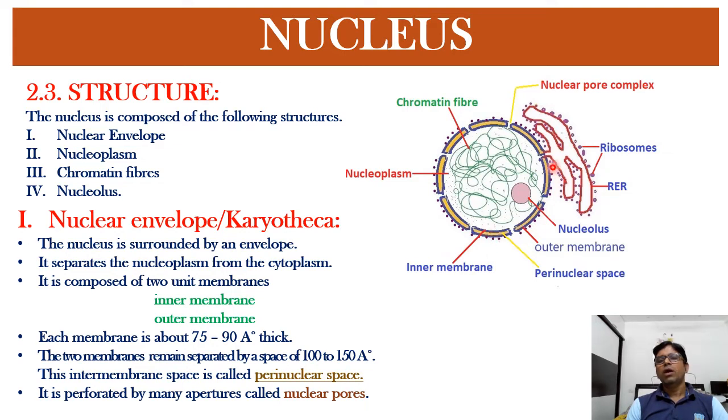The outer membrane is also extended into the rough endoplasmic reticulum. Here you can see the endoplasmic reticulum, which is connected with the outer membrane of the nuclear envelope. Each membrane, inner as well as outer, is about 75 to 90 angstroms thick.